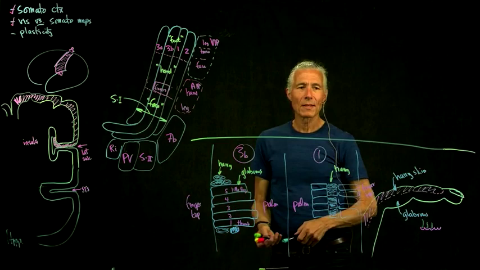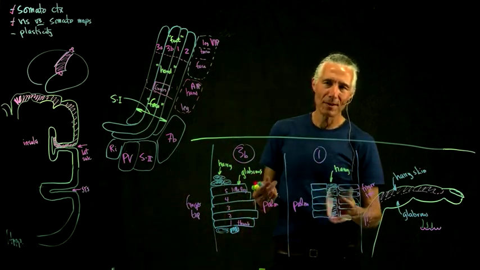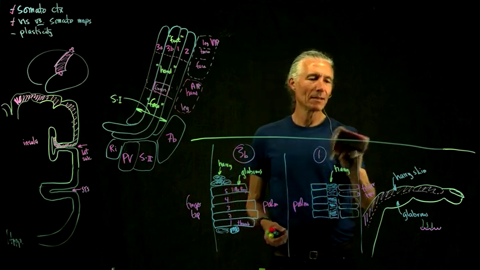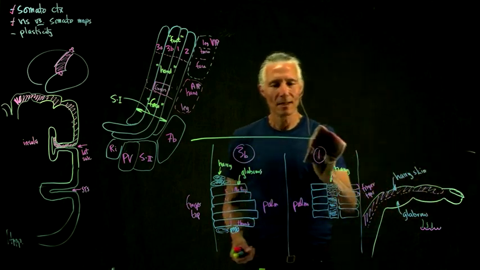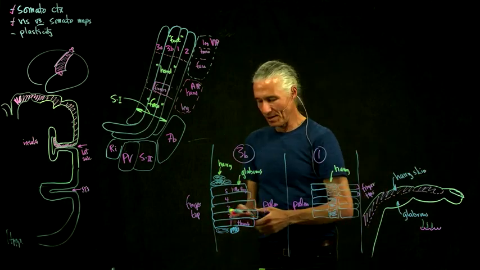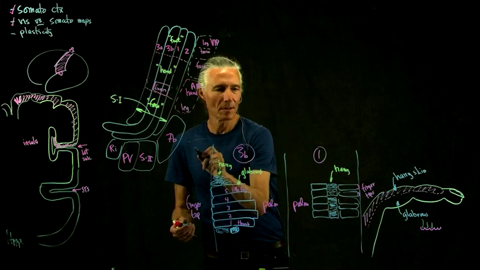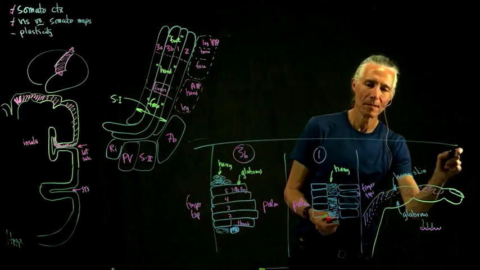Because we talked about discontinuities in the visual system, like V2 has a representation of the upper field that's separated off from the lower field. So you've got that issue, but this is something different.